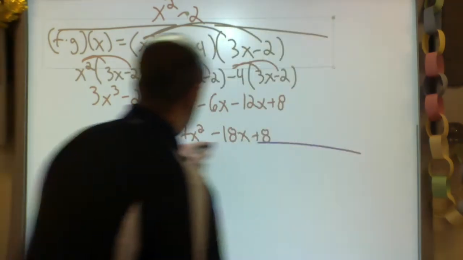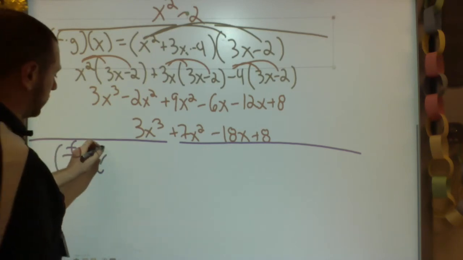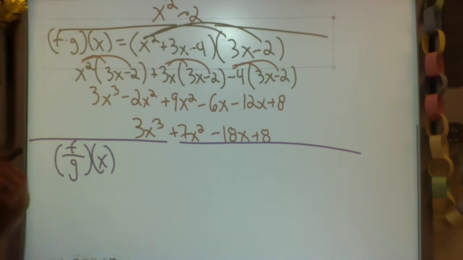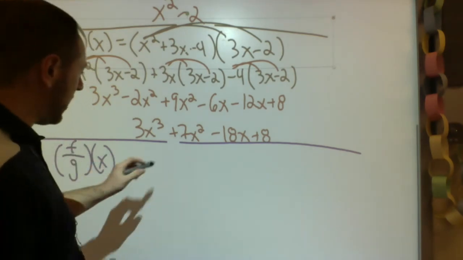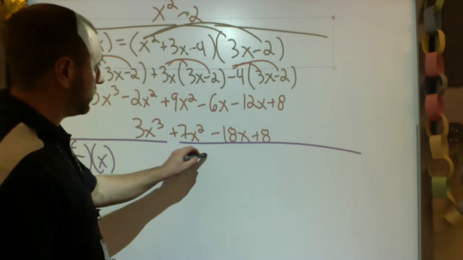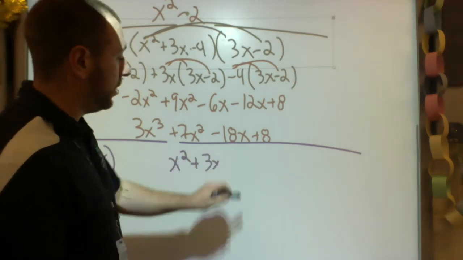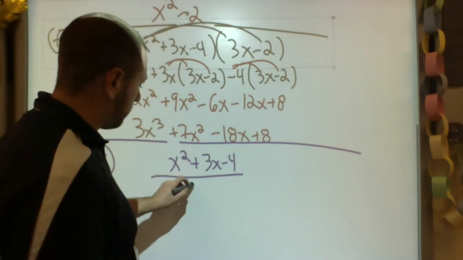The last one is when I have f divided by g of x, and oftentimes this is the simplest one. I would take my f function, x squared plus 3x minus 4, and then I divide by my g function.